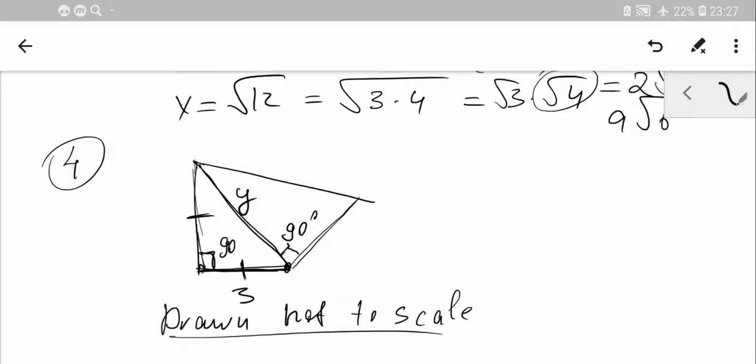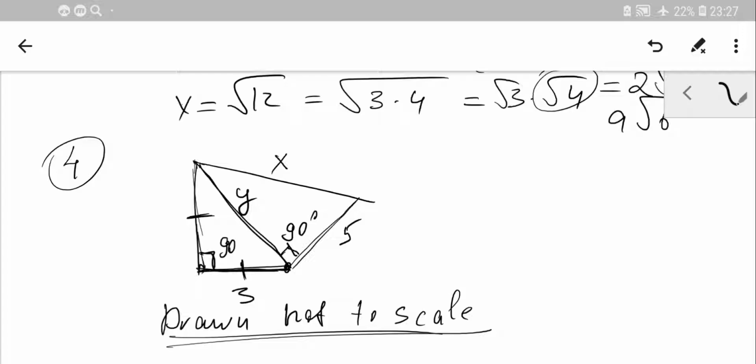However, if you just see that it looks like 90 degrees, don't believe it, because it's not drawn to scale, okay? So what we have here, we have a side of, let's say 5, and we have another known side, let's say x centimeters. So some units of length.